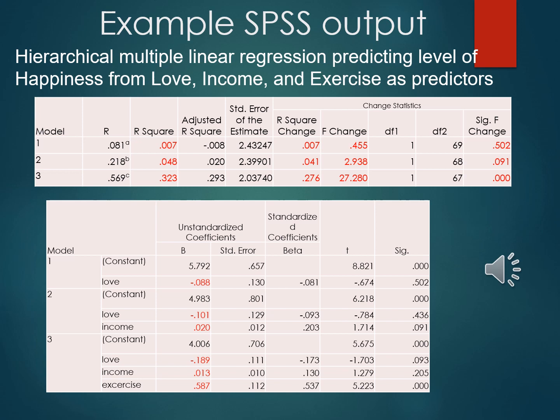It's 0.587, and the standardized coefficient is 0.537. So this is basically about 0.5 partial correlation. That's what it means. So the final model is significant. That means the only thing that's significant in predicting happiness in this particular data set is exercise. All right. That's how you look at it.